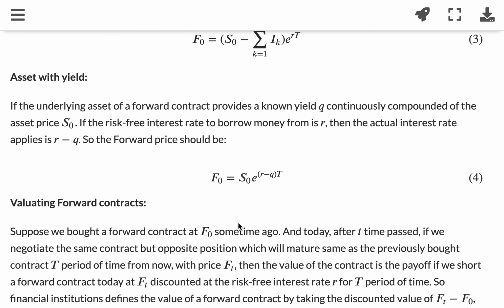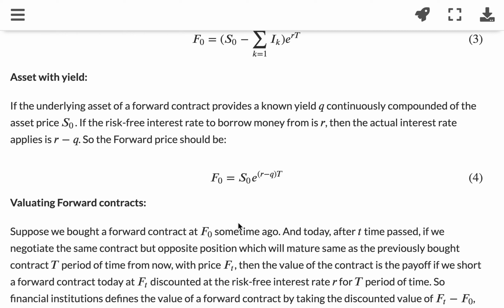An asset with a yield is another kind of investment asset where, instead of producing a coupon, it will generate value from, let's say, a continuously compounded interest rate.